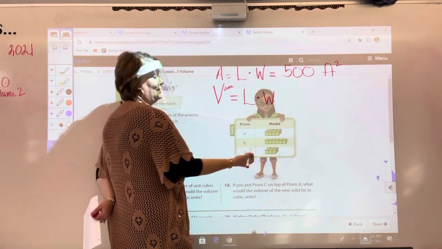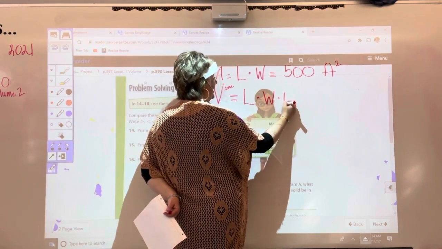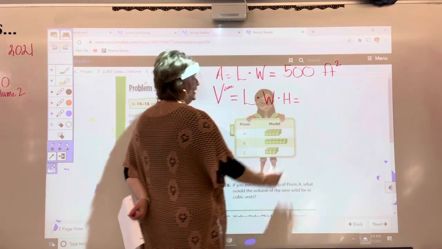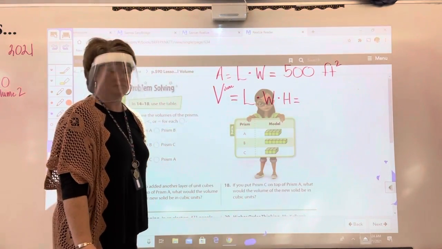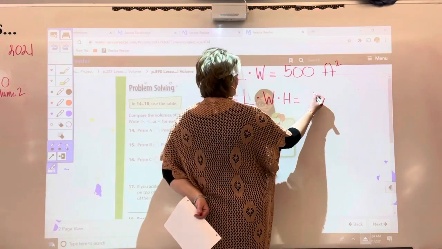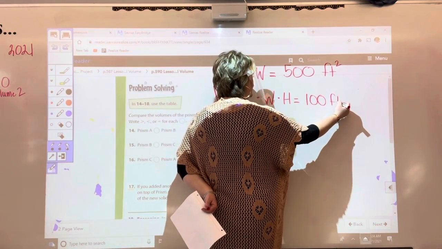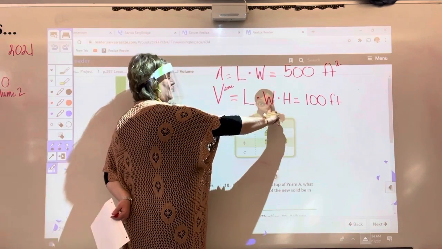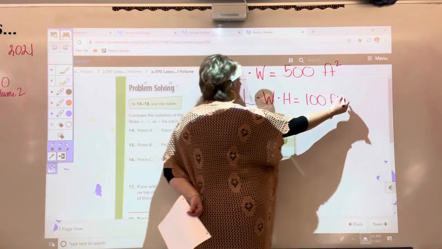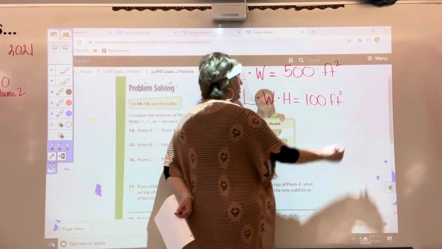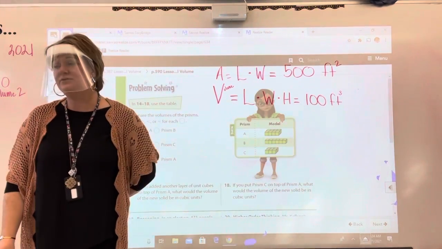But we're not done. It's multiplied times height. Now put an equal sign. Now let's pretend like my closet is 100 feet. Now how many things did I multiply together this time? 3. So watch what I'm going to put. Feet cubed. And you have to write it like that.